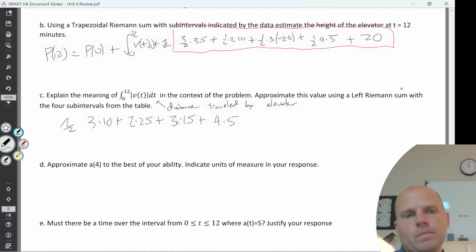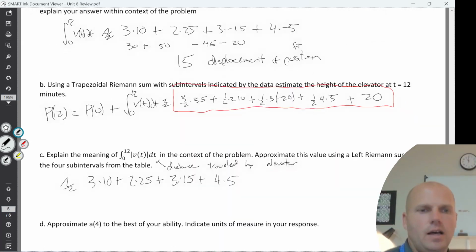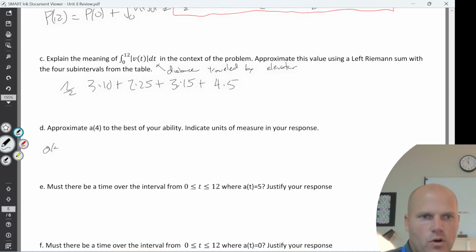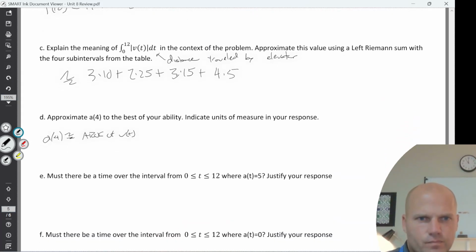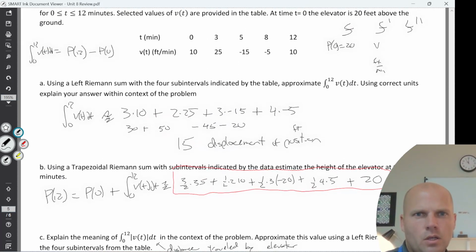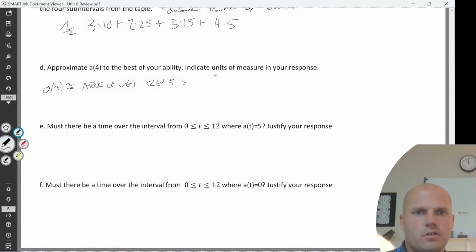Okay. Approximate A of 4. We know that A of 4 can be approximated with the average rate of change of V from 3 to 5. Which equals a decrease of 25, 35, 40 over 2. So you can either do y2 minus y1 over x2 minus x1, or you can just kind of go straight to the answer.